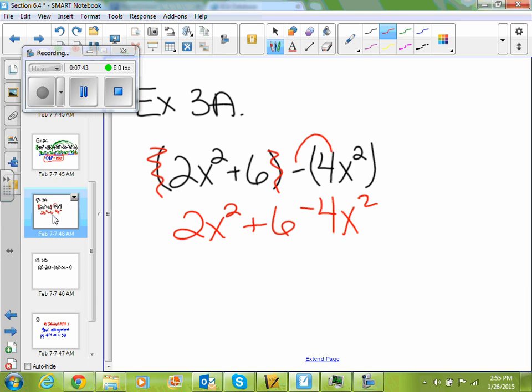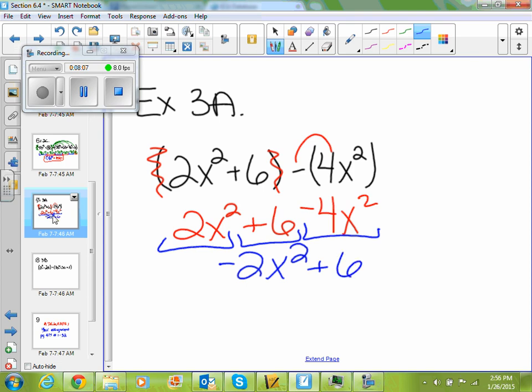What can I combine with my 2x squared? Negative 4x squared. So what's 2 minus 4? Negative 2x squared, and then I still have this plus 6 that goes out back.